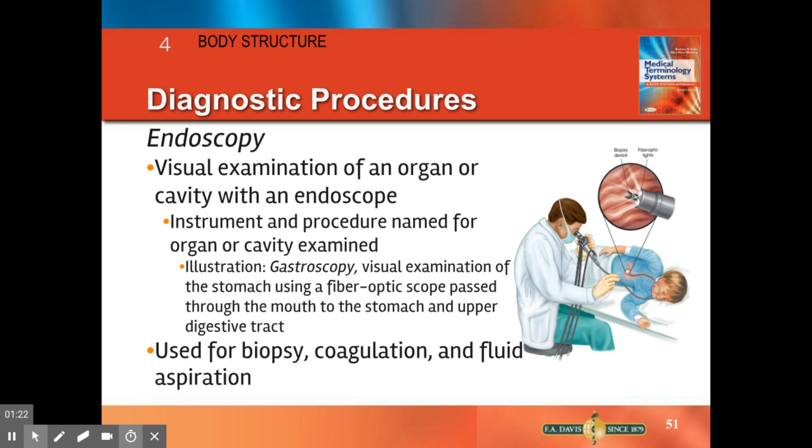If someone has bleeding ulcers in the stomach, they could go in and cauterize that. They could take a biopsy of it and determine what's causing that. They can aspirate fluid from areas just to determine what's going on with that.